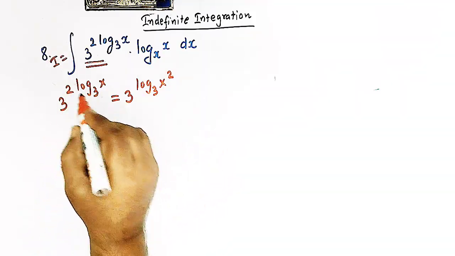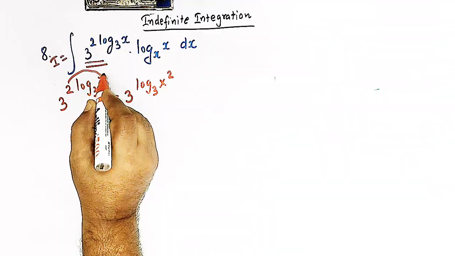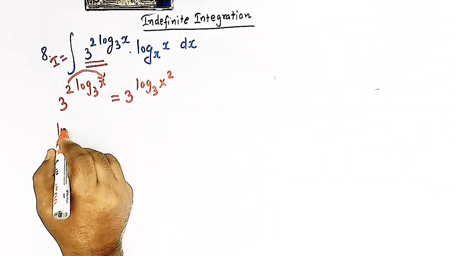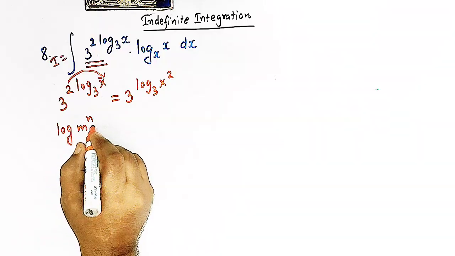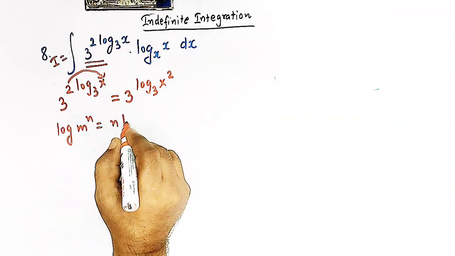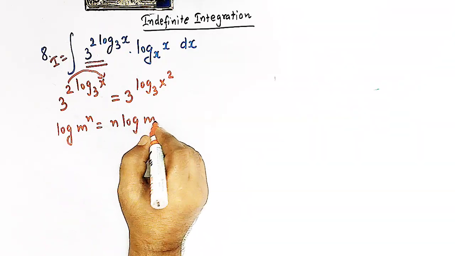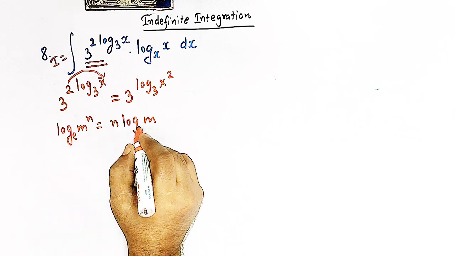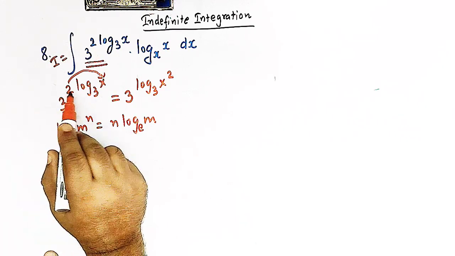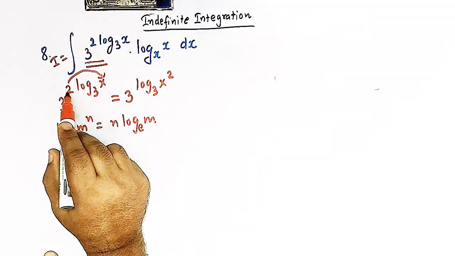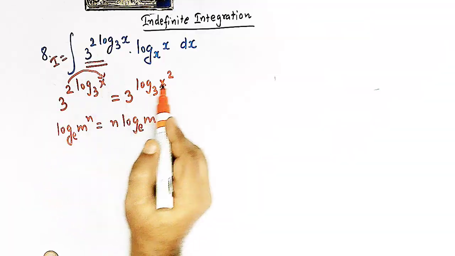We can take this 2 to the power of x using this result, that is log of m raised to n is equal to n times log m, and obviously here the base is e.